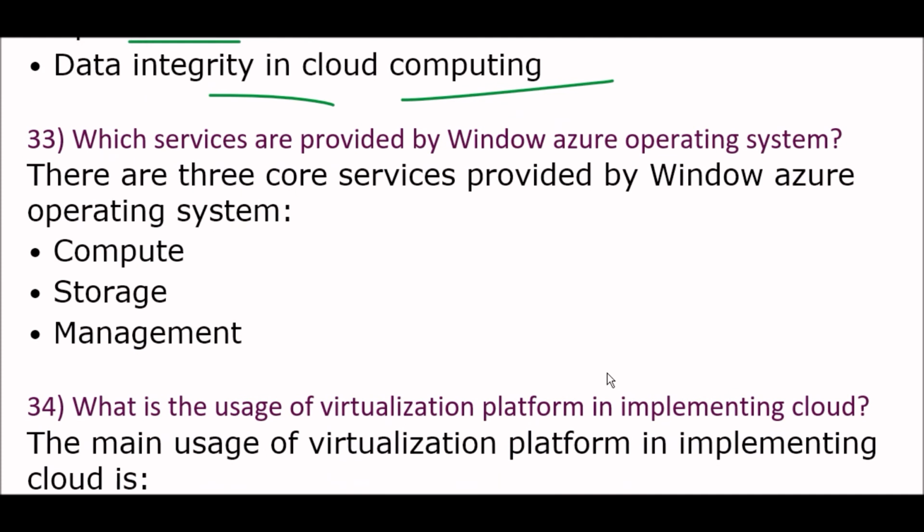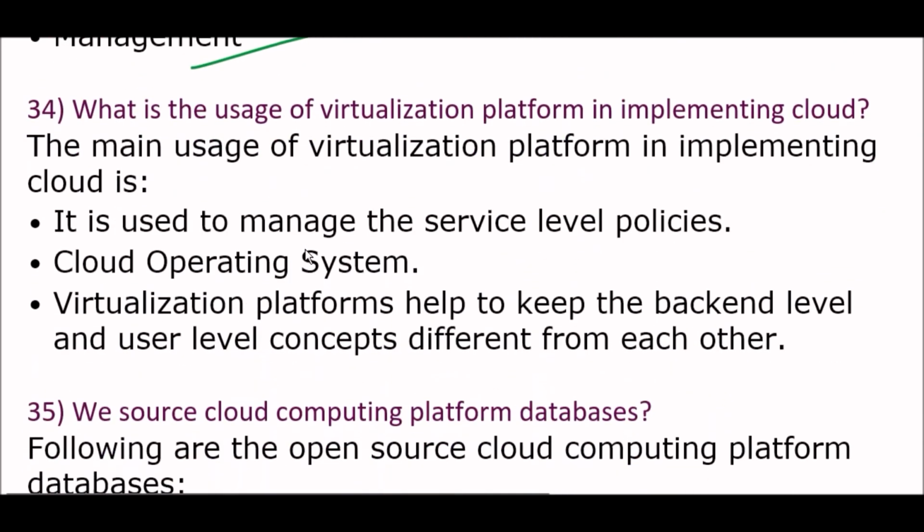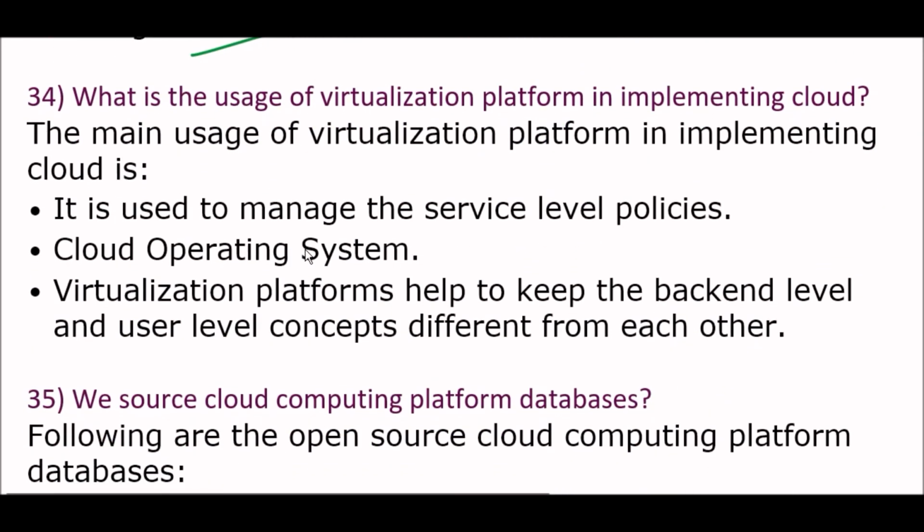Next question. Which services are provided by Windows Azure operating system? Answer is there are three core services provided by Windows Azure operating system. First one, compute. Second one, storage. And third one is management. Okay. Next question. What is the uses of virtualization platform in implementing cloud?